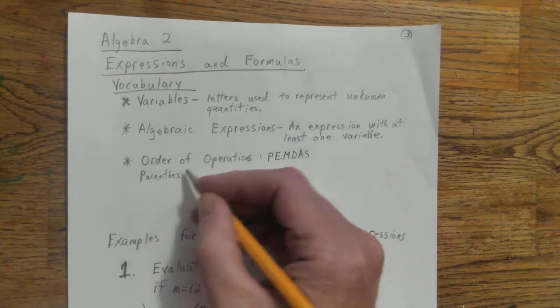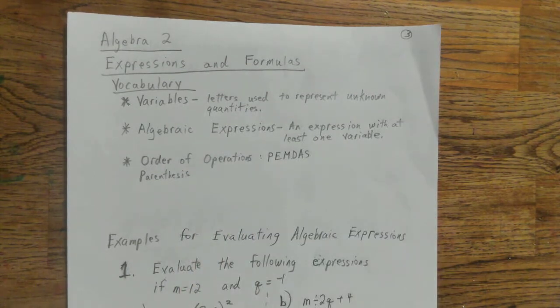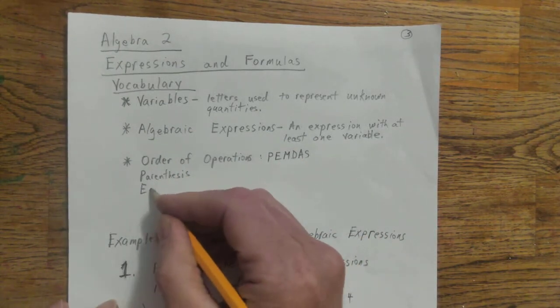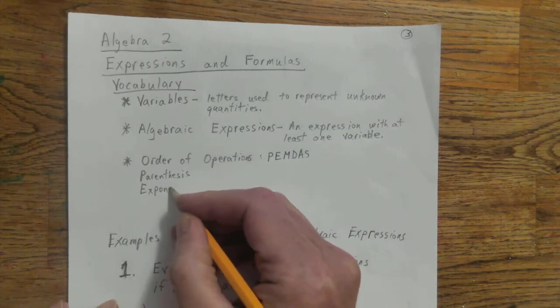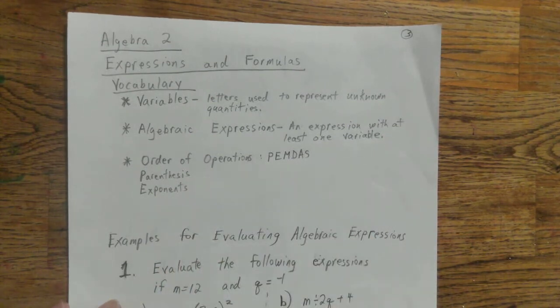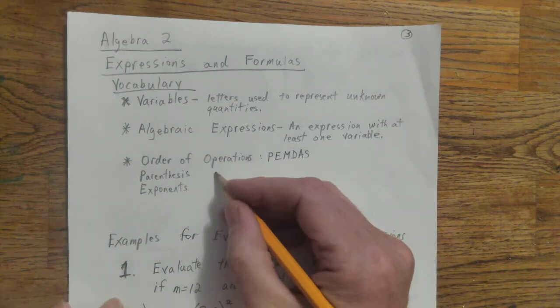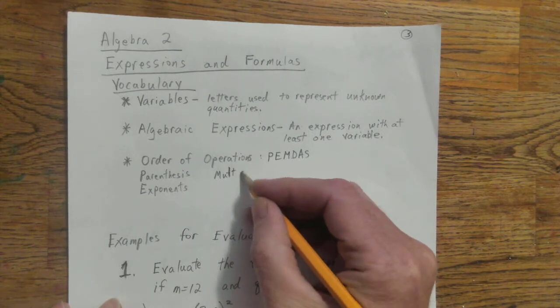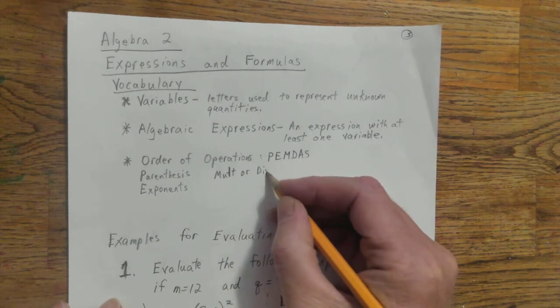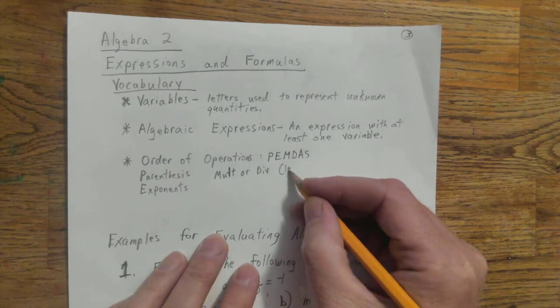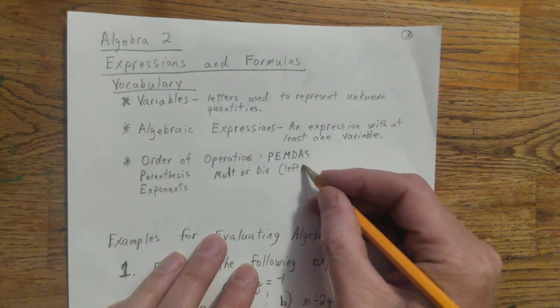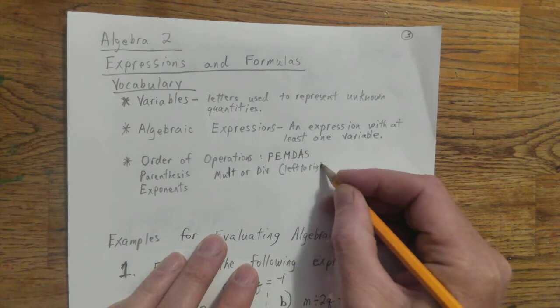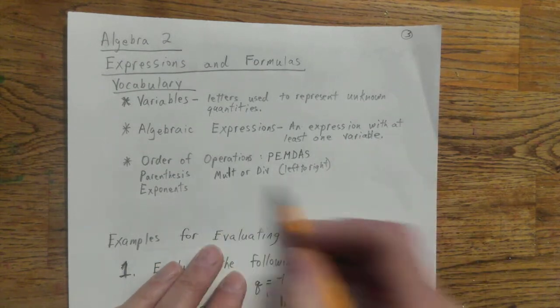Evaluate what is inside the parentheses first, and then after you've gotten the parentheses figured out, you evaluate anything with exponents, and then you multiply or divide. It doesn't matter, you're going left to right. From left to right, you multiply or divide.